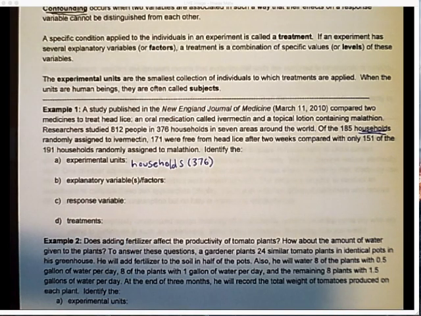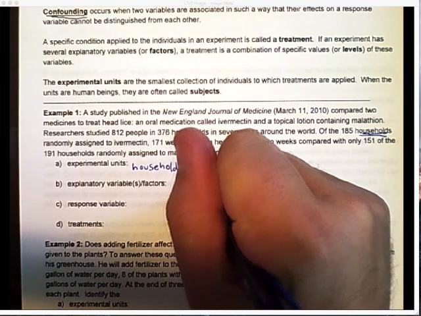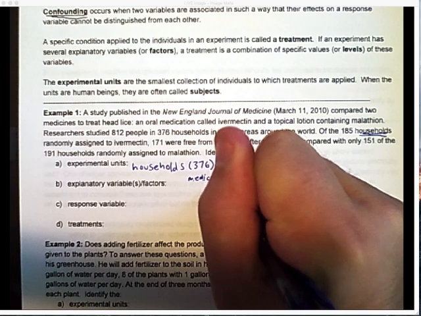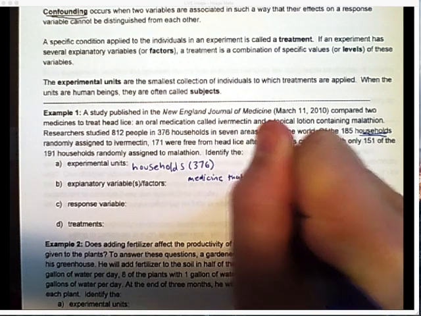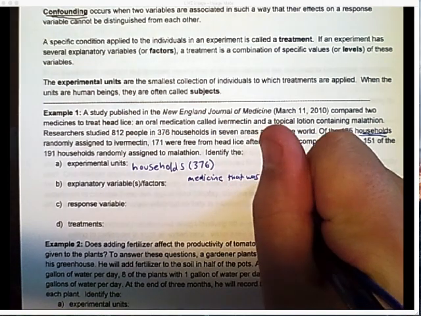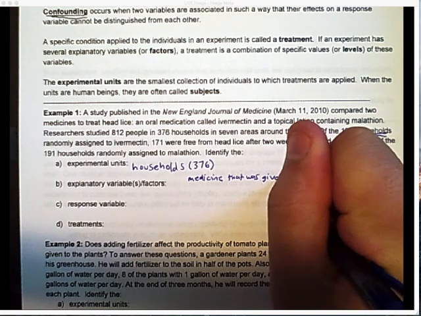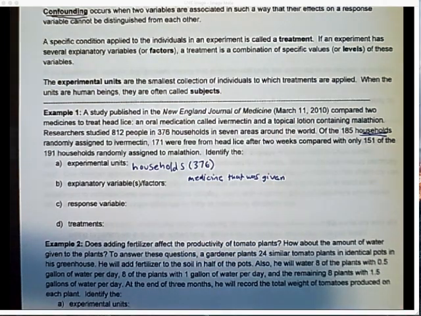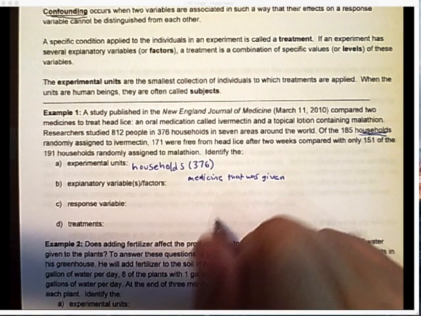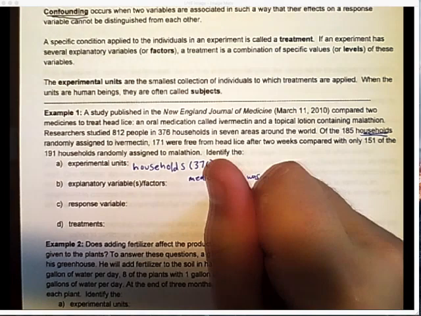What are the explanatory variables? The explanatory variable is the medicine that was given, and we have two of them in this case.